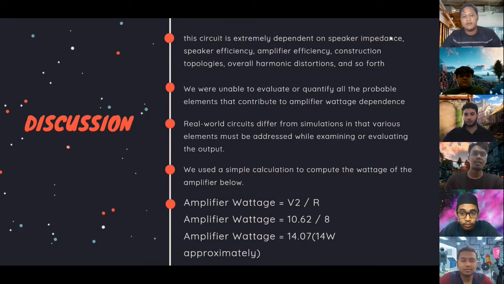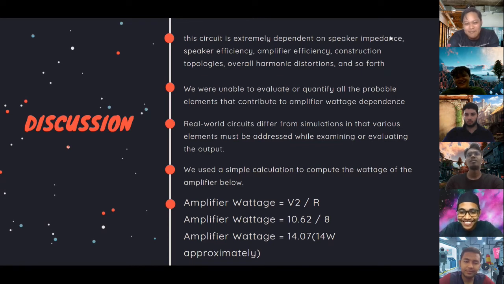So now I will present about the discussion for this project. For the discussion, we have evaluated the voltage. This circuit is extremely dependent on the speaker impedance, speaker efficiency, amplifier efficiency, construction topologies, and overall harmonization and so forth.